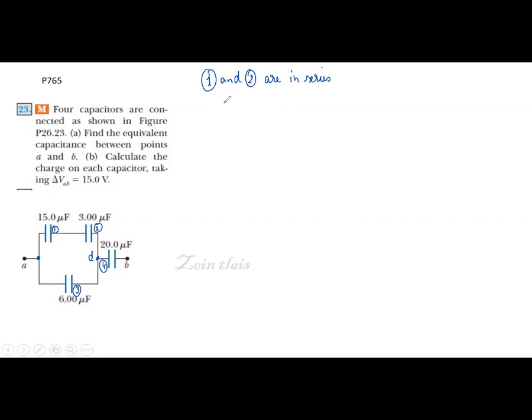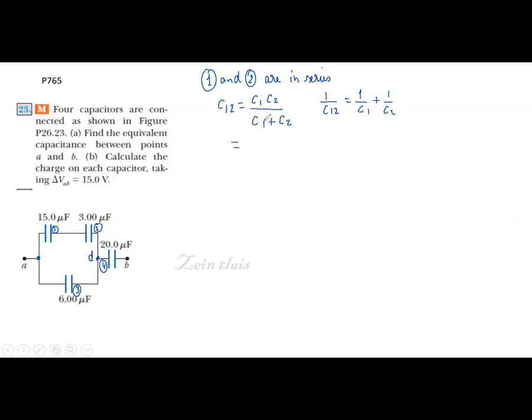So between 1 and 2, C12 equals C1 C2 divided by C1 plus C2. You know, 1 divided by C12 equals 1/C1 plus 1/C2.